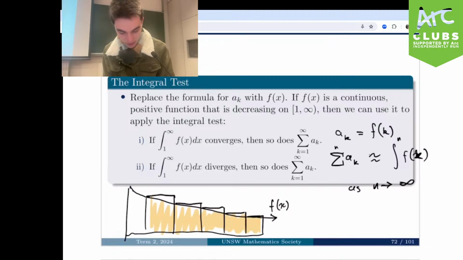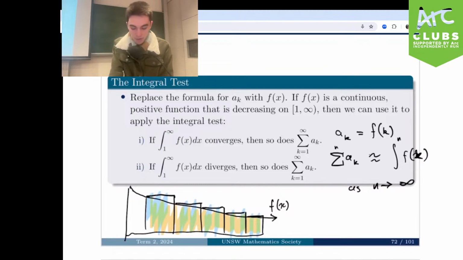So the area under these rectangles would be the value of the series. So in this case, you can see that because the area under the rectangles is going to be larger than the area under the graph, then if the series converges, then the integral has to converge too, right?